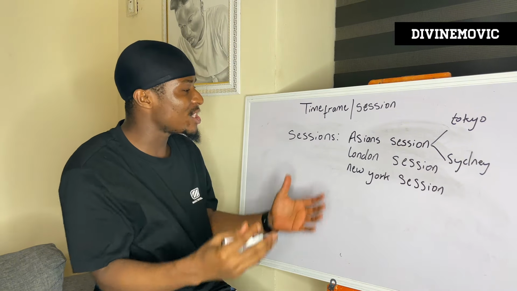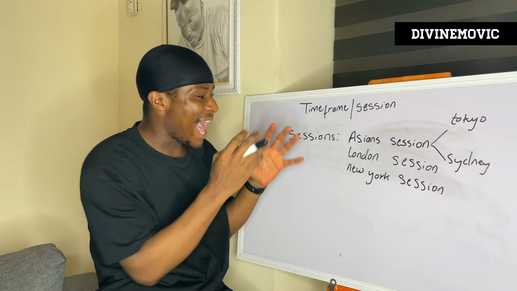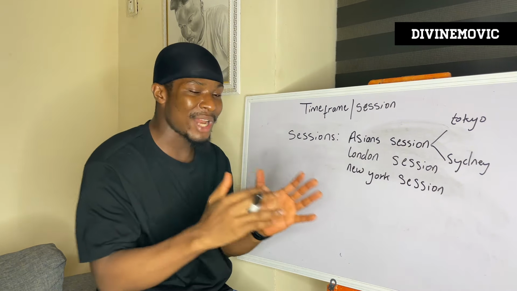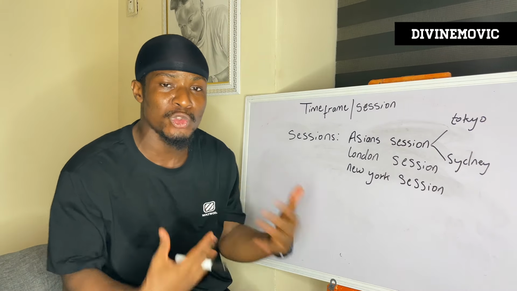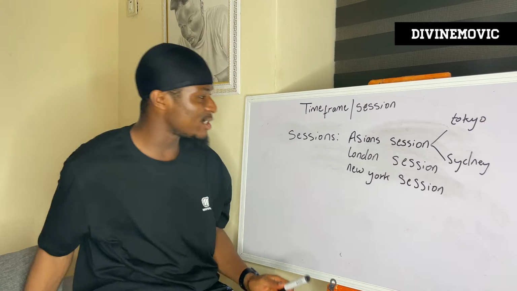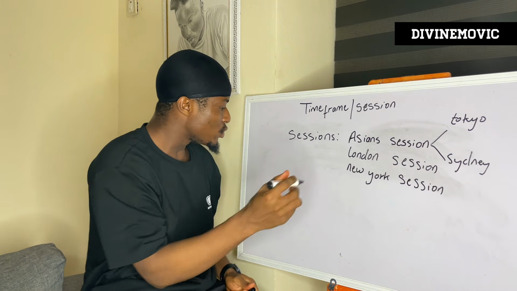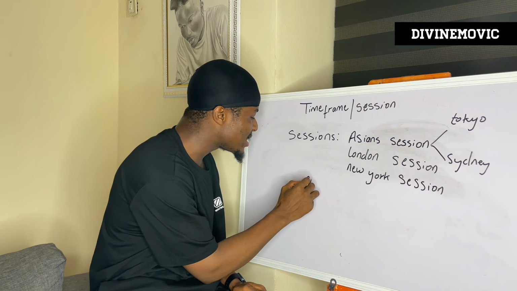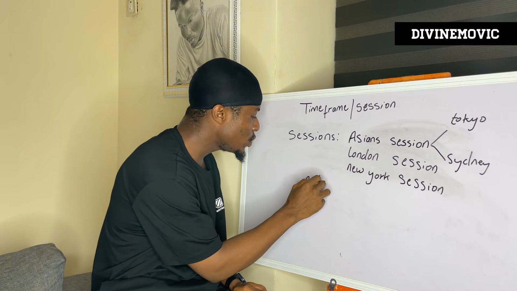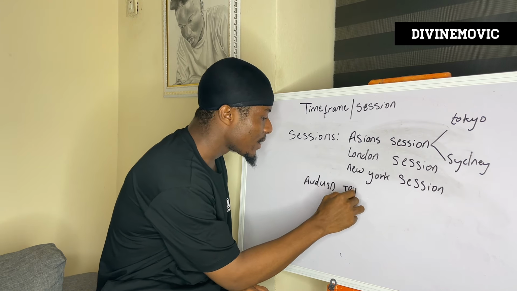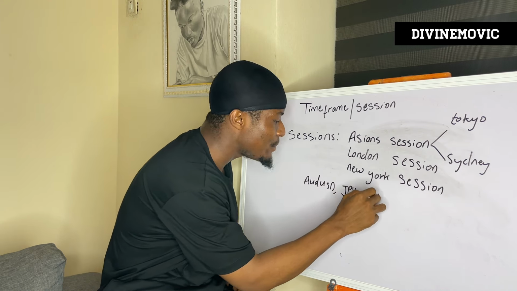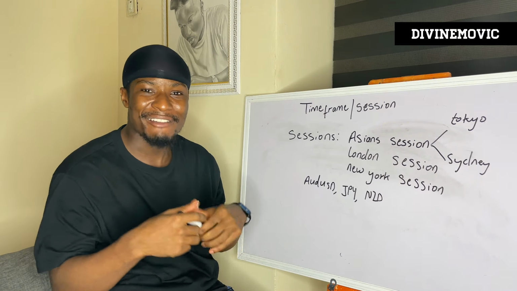Now, what a session does is that it tells you that when it's time for this session, these particular currency pairs are likely going to move very fast, or they're going to move very well. For instance, during the Asian session, we simply want to see that AUD, JPY pairs, and NZD pairs are likely going to move very fast.